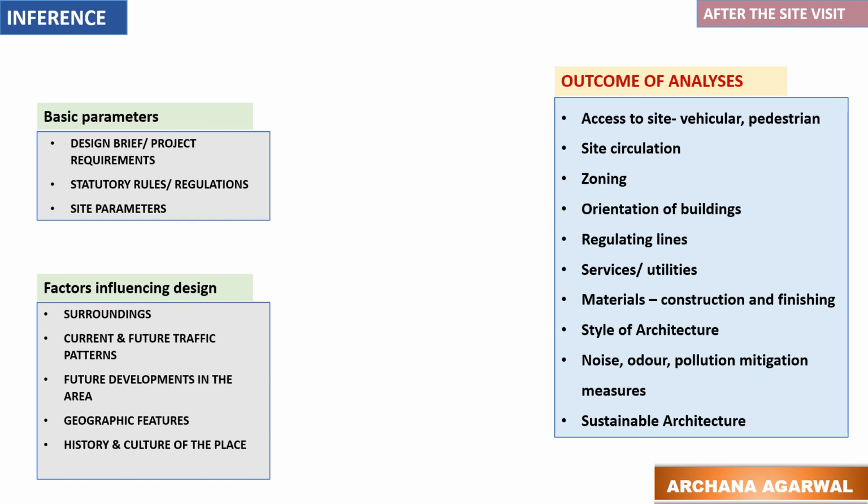The site analysis done on the basis of so many parameters enables the architect to make certain conscious decisions regarding the design of the project, such as access points to the site, circulation within the site, zoning of various buildings, orientation of buildings, regulating lines based on the statutory requirements and geographical conditions, location of services and utility lines, decision on diversion of any utility lines, choice of materials for construction and finishing, style of architecture, mitigation measures for pollution, and sustainable architecture.